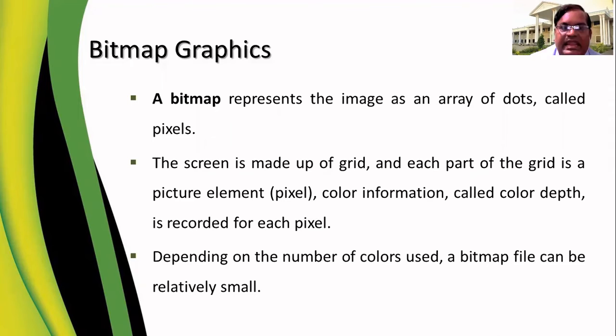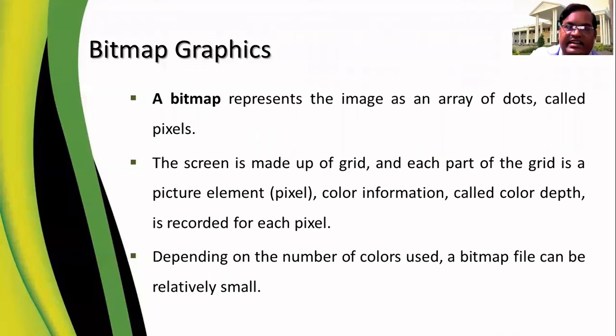In a picture, there is a combination of pixel color information that is called color depth, and each pixel is recorded into a picture. Depending on the number of colors used in the file, a bitmap file can be relatively small. How many pixels you have included in an image decides the file size.